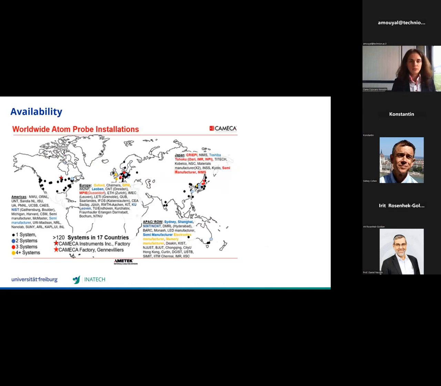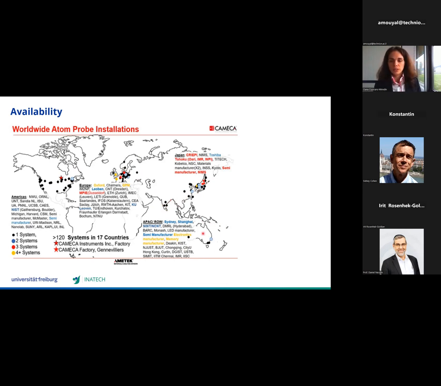Atom probe tomography is quite available worldwide, so it's not that unknown a technique anymore. You see that it's very widely spread in the USA, in Europe, in Japan, and also many tools over the last years have been bought by many research institutes in China.